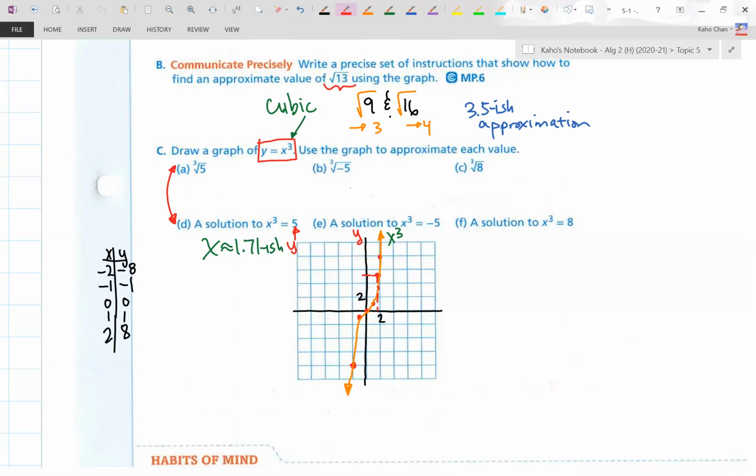Letter E. Hey, what is the solution to x to the third equals negative 5? Negative 5 is down here. That's kind of the same. I mean, notice some symmetry about this cubic function. This cubic function actually has rotational symmetry.